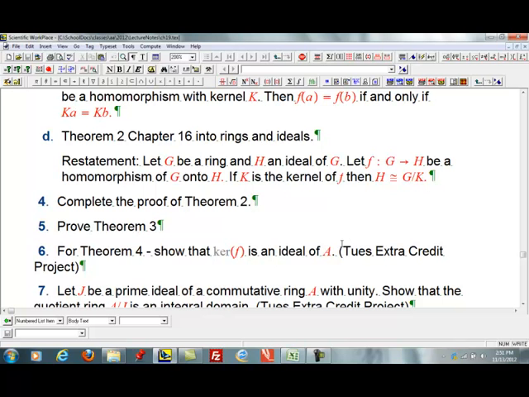The first one is look at the proof of Theorem 2 in Chapter 19. It says that A mod J with coset addition and multiplication is a ring. If you look at the proof of it, it takes them about 5 lines for it. You haven't finished it.